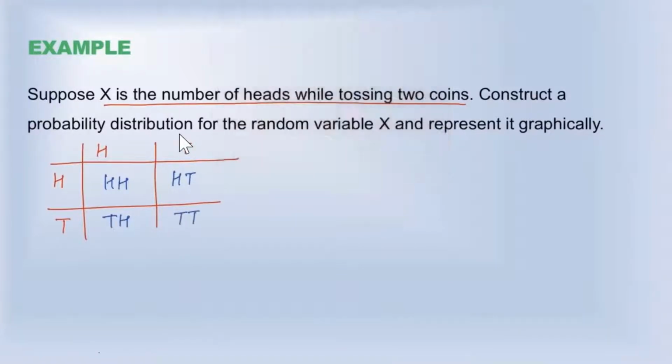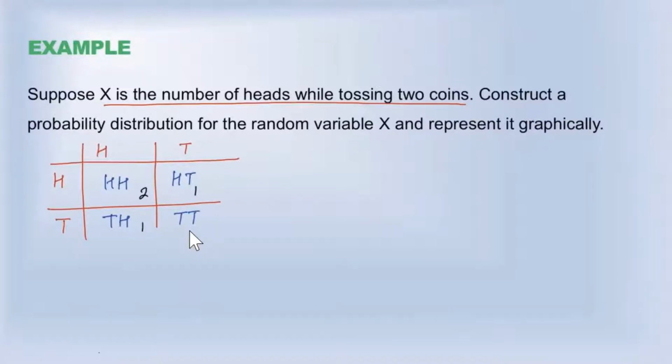What we are interested in is counting the number of heads. So everybody look at this table. How many heads are here in the first box? Two. How many heads are there in the second? One. How many in the third? One. And how many heads in the fourth?